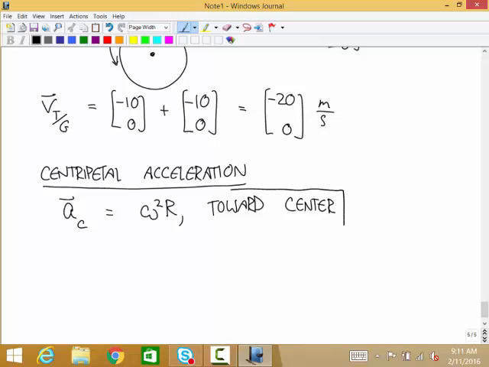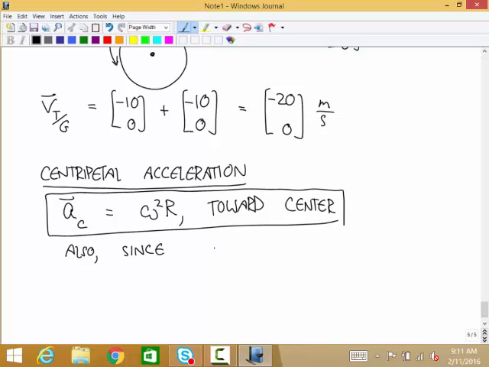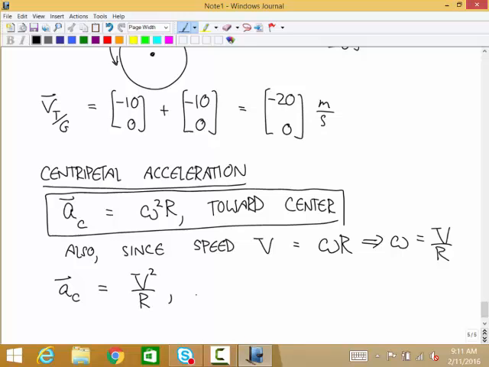and since you know that the speed v is equal to omega r, that's what we just talked about last time, and therefore omega is equal to the speed over r, you could substitute that in for omega, and there's another way to calculate this, that the centripetal acceleration is equal to the speed squared over r toward the center.